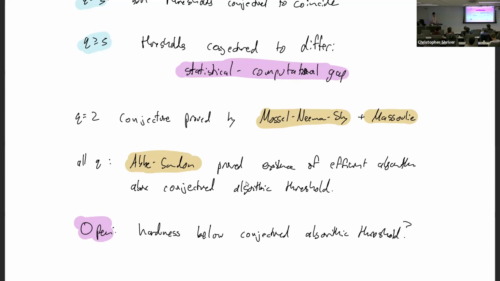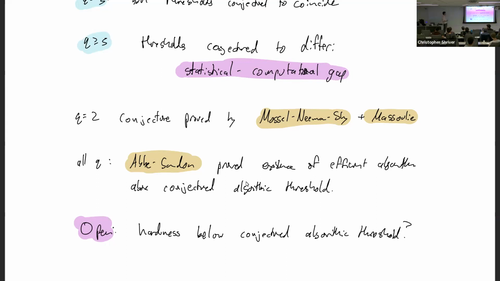So what does that leave open? One challenging problem is to prove some kind of hardness below the conjectured algorithmic threshold. Of course, proving that there's no polynomial time algorithm is harder than proving P not equal to NP, so we don't expect a full resolution of that anytime soon.